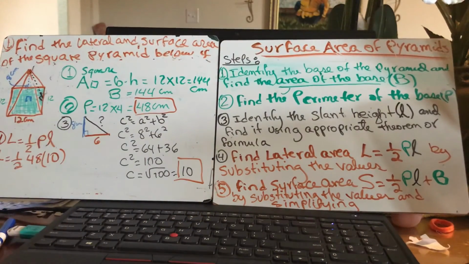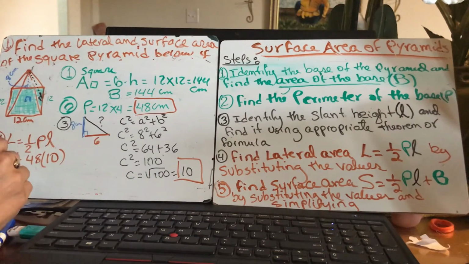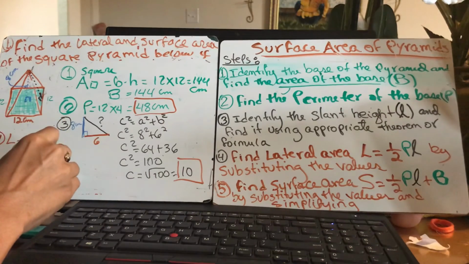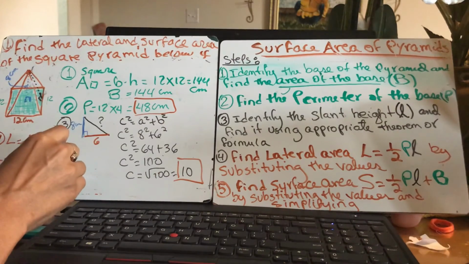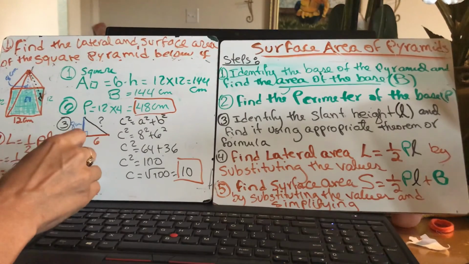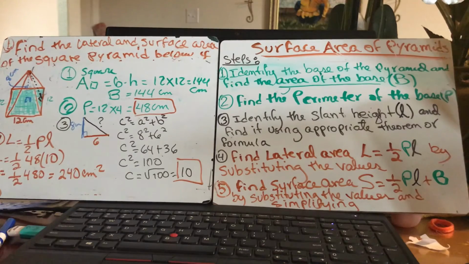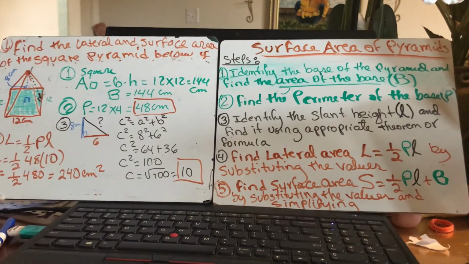Okay. Now I have L equals half of 480. That is 240 centimeters squared.